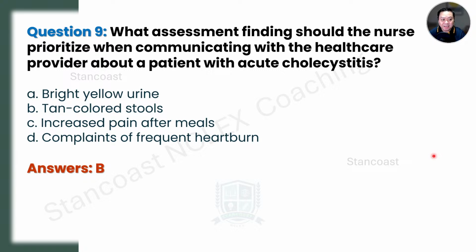If you selected letter D, complaints of frequent heartburn, this is something that may occur with other gastrointestinal issues, but it's not a priority in this situation. Okay, again, that is letter B, tan-colored stools. That signifies that there is a blockage in the bile duct.